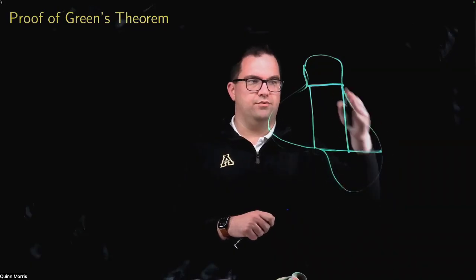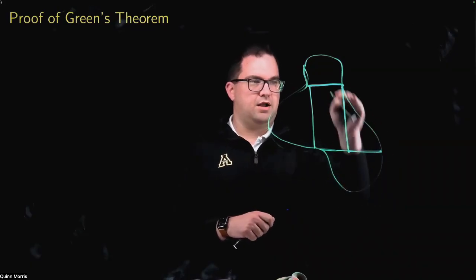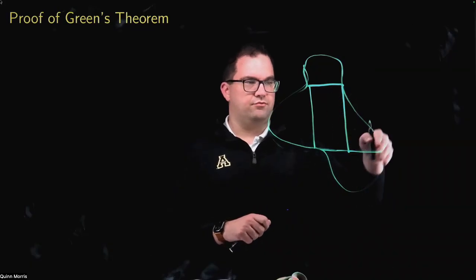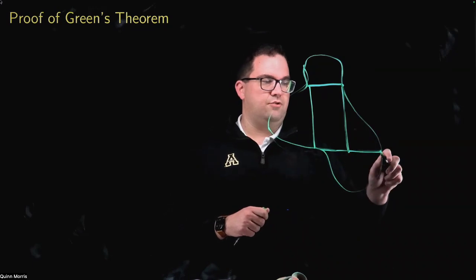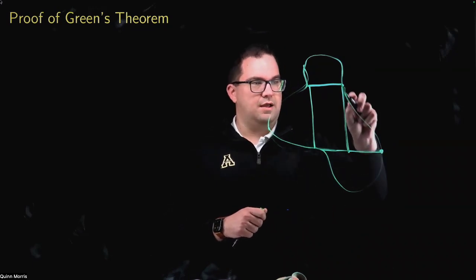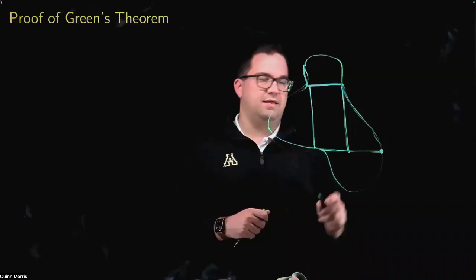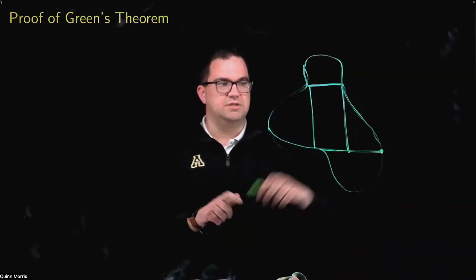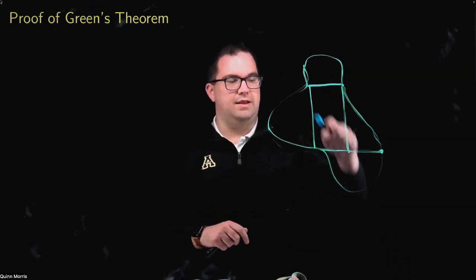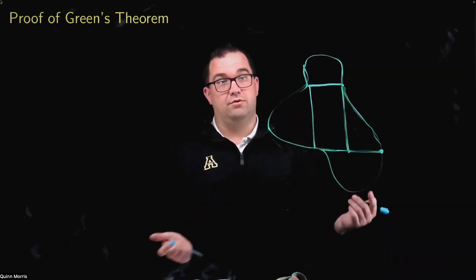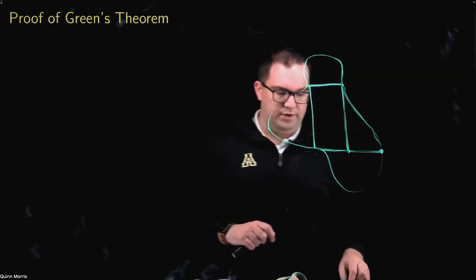Sorry, that would be a type 2 region, bounded by constants on the top and bottom, with left and right bounded by functions. But I can also think about it as being bounded on the left and right by constants, and then bounded on each side by these functions. Okay, so this region is both type 1 and type 2. I can play a similar game here and here and here. This is just a rectangle, which is easy to see is both type 1 and type 2.